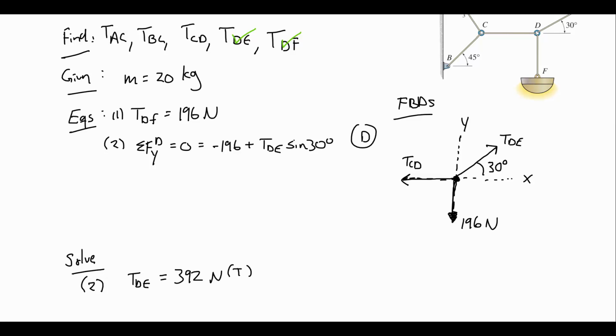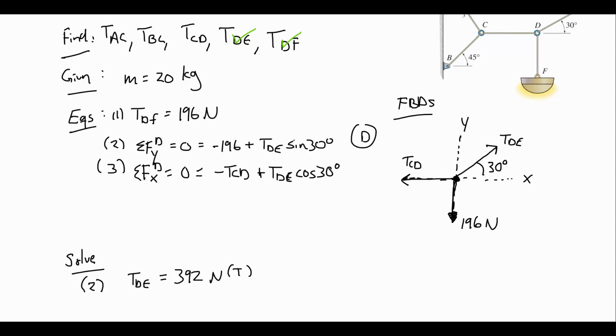All right, now we can go back to the equation step and I can write equation 3. Still using this free body diagram, I have not yet summed forces in the x direction, so I can do that now. In the x direction, all of TCD points to the left, so that's going to be negative. And then just the horizontal component of DE, cosine 30, lies in the positive x direction.